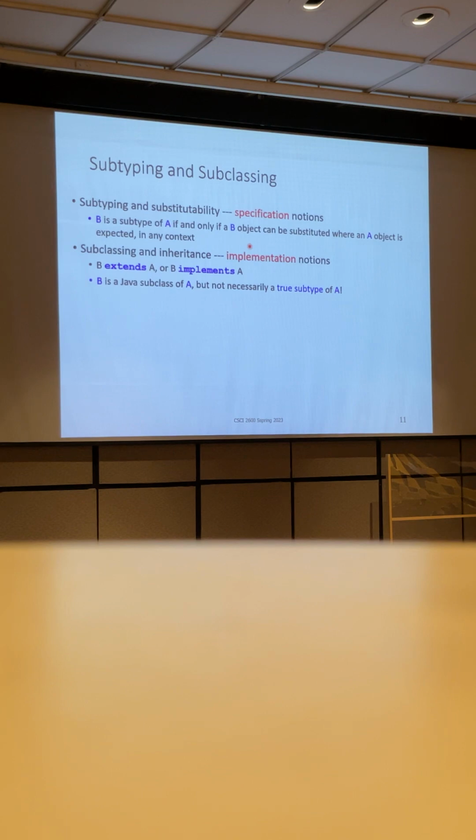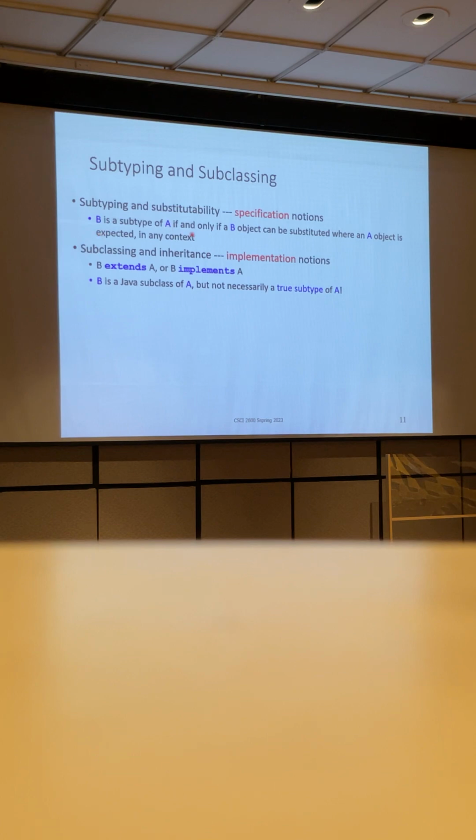So in Java, we cannot create a subclass without inheritance. There's simply no such syntax. B extends A, meaning that B is a subclass of A, but that also creates this inheritance hierarchy. B is derived from A. Whereas with subtyping in general, as a specification notion, there is no inheritance.